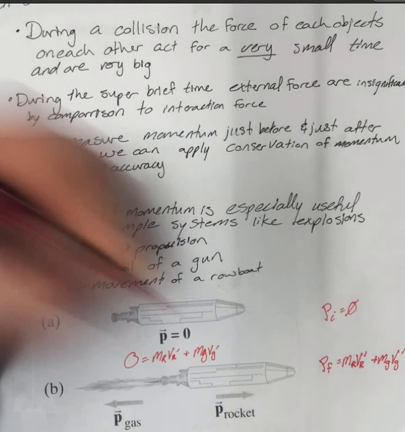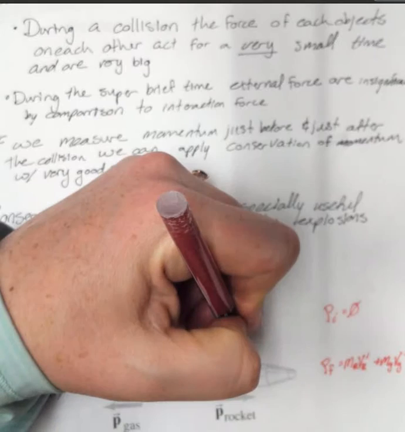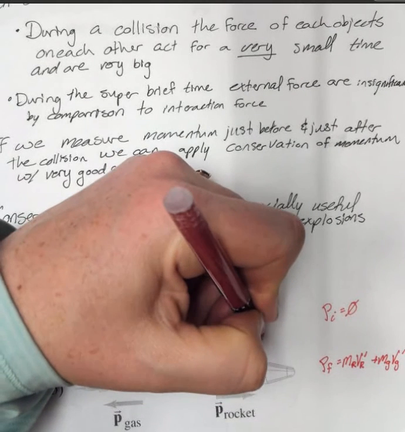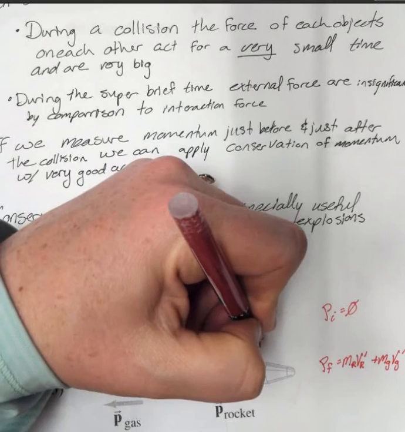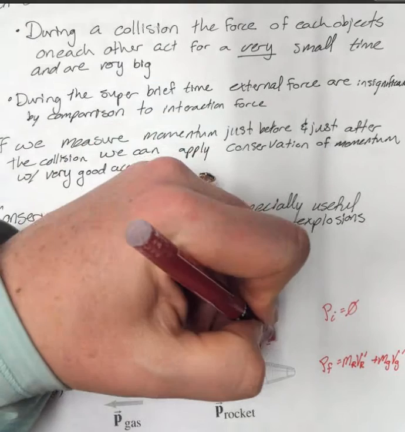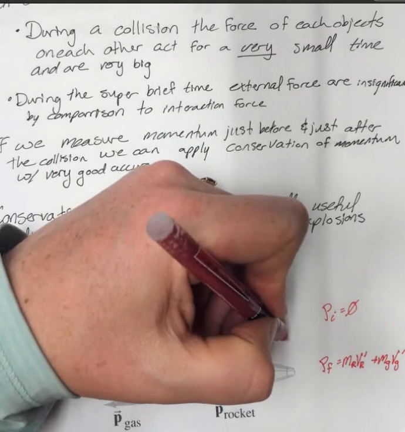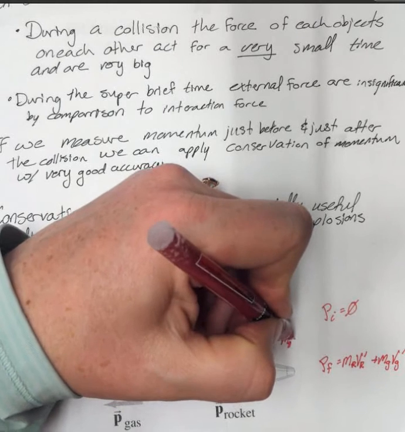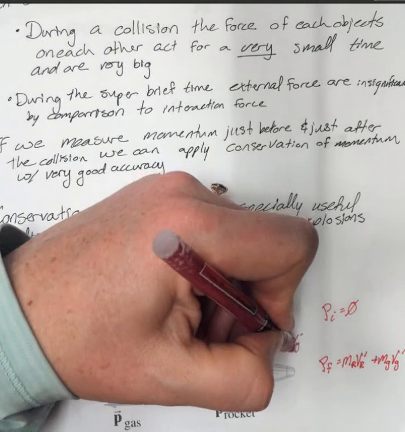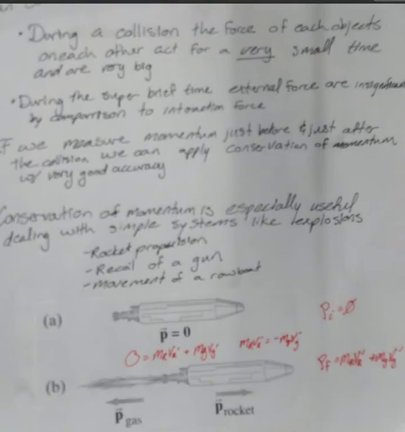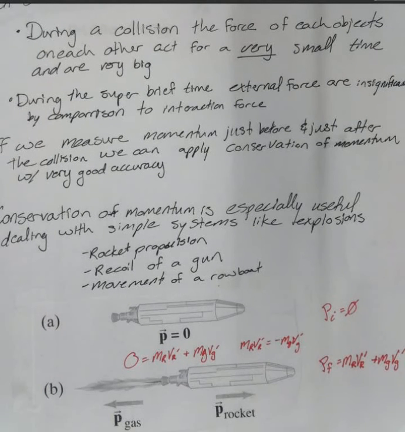m_r v_r prime equals negative m_g v_g prime. In other words, the product of the mass and the velocity of the rocket, or the momentum of the rocket, should be equal and opposite vectorially to the mass of the gas and the velocity of the gas after that. So that means that a rocket can move through empty space just via conservation of momentum.